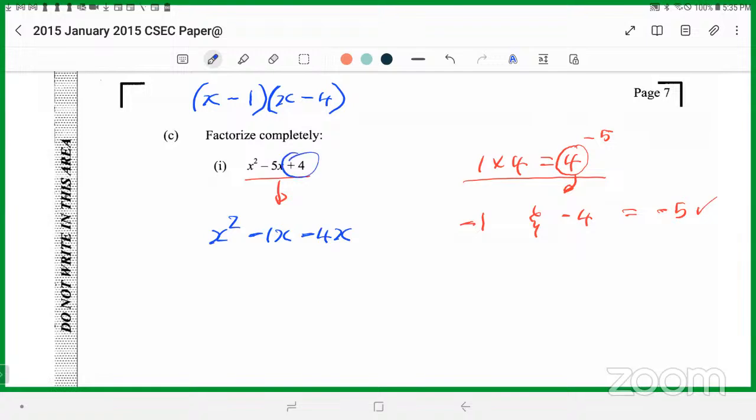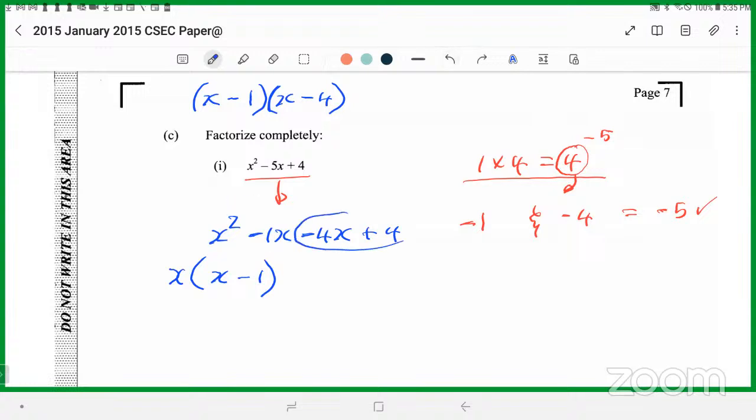And then this plus 4 comes back out here, plus 4. I always check that what you split this into would give you back that middle term, which it does. Then you're going to take the highest common factor in these first 2 terms, which is x. So I factorize the x, and I get x minus 1 out of these 2 terms.